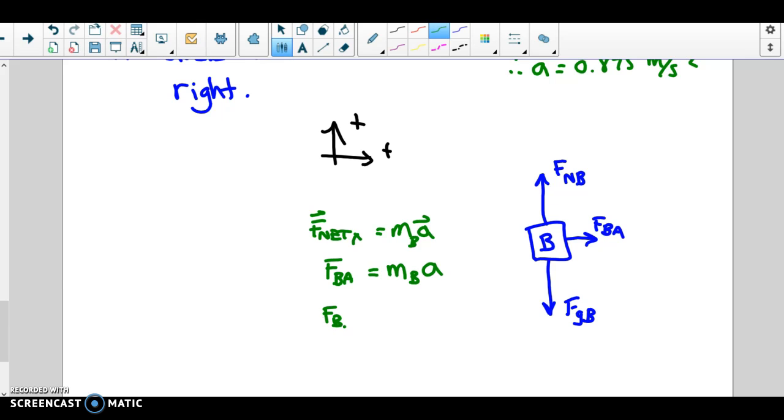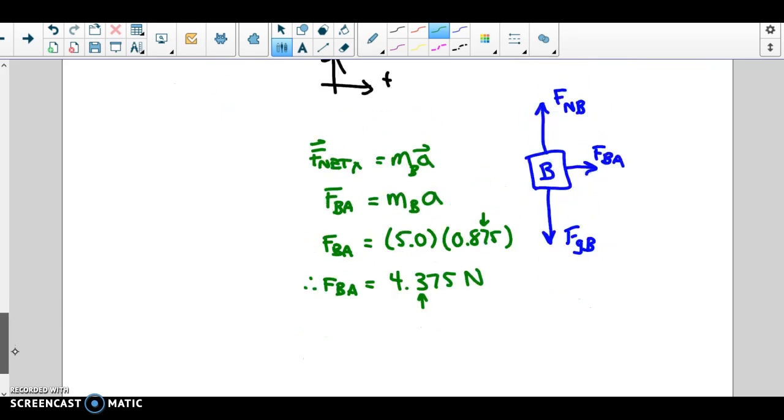I know the acceleration now, and I know the mass of block B, it's 5. The acceleration is 0.875, rounded to two significant figures. So my interaction force comes out to be 4.375 newtons with two significant figures.